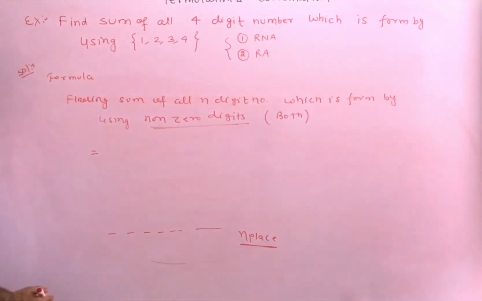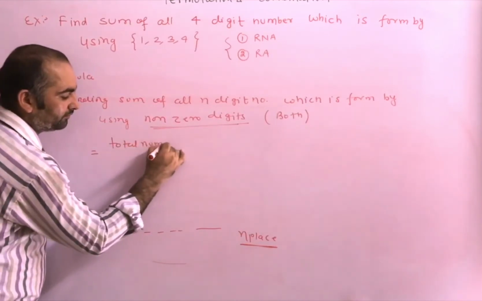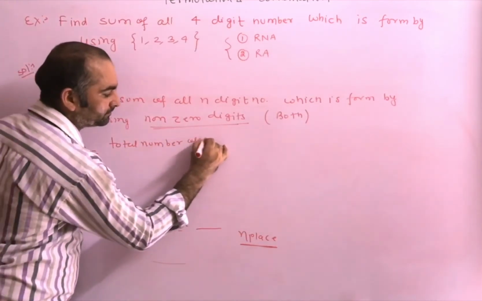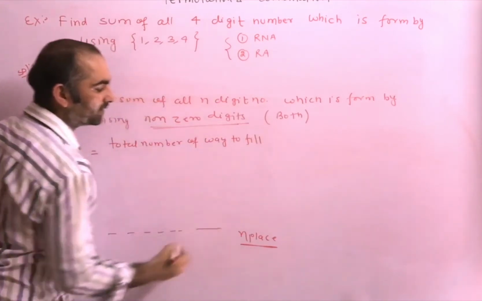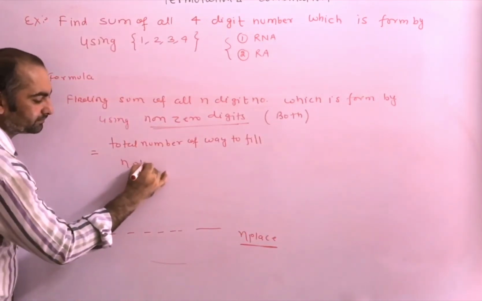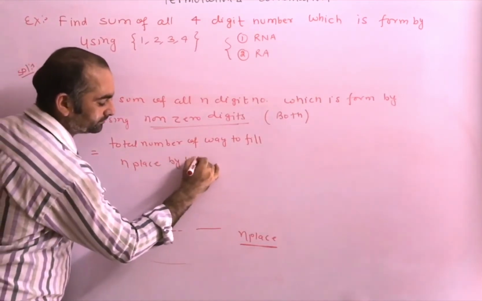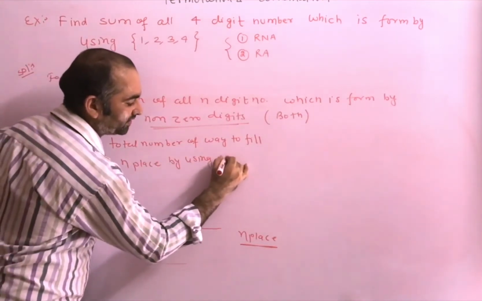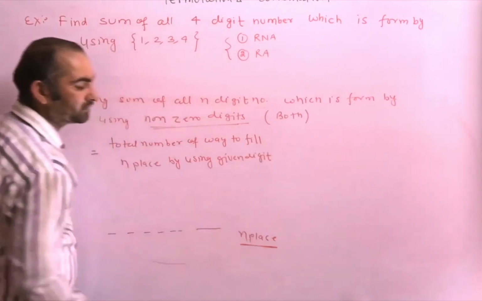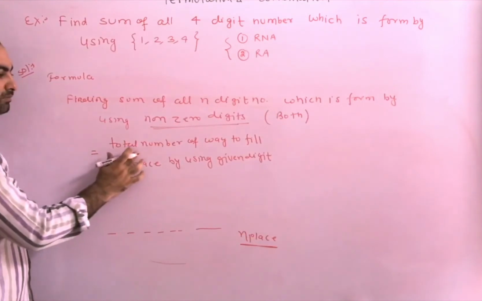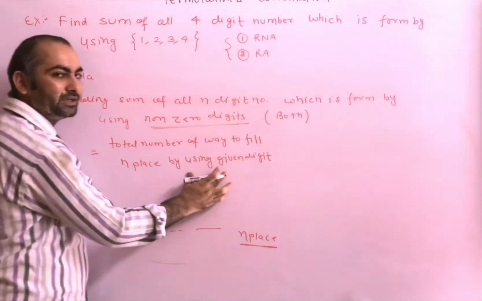First we are finding the total number of ways to fill n places by using the given digits.